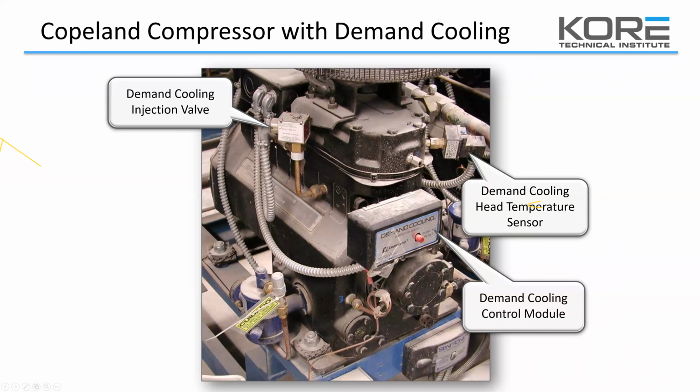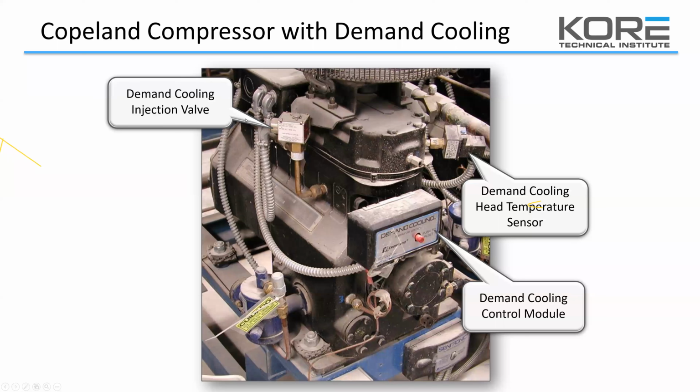The temp sensor there protrudes into the cylinder head about 2.5 inches or so, and that samples the temperature that the Copeland happens to have found is the most ideal location to manage and measure the cylinder head temperature and determine when we need to start injecting liquid refrigerant.